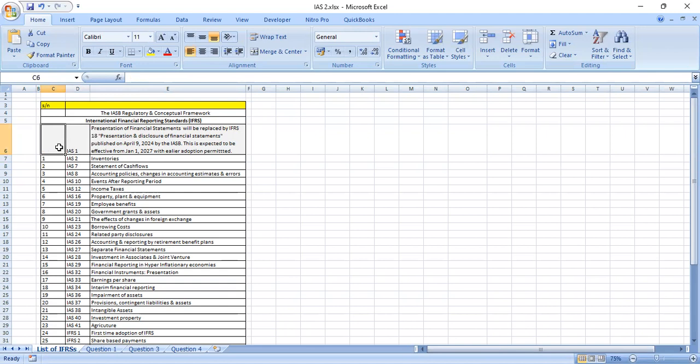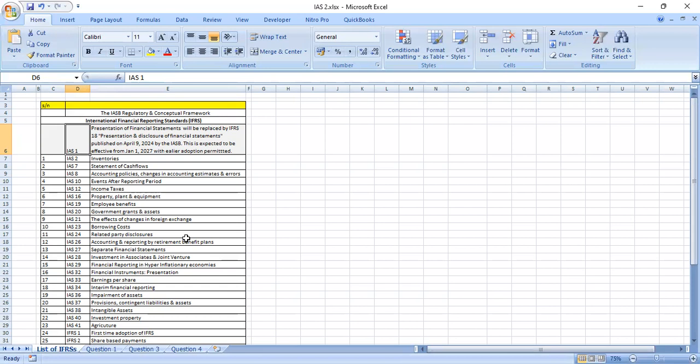Now, just a point to note here is that we have IAS 1. IAS 1 has now been replaced by IFRS 18. The presentation of financial statements, which is IAS 1, will be replaced by IFRS 18 on presentation and disclosure of financial statements.